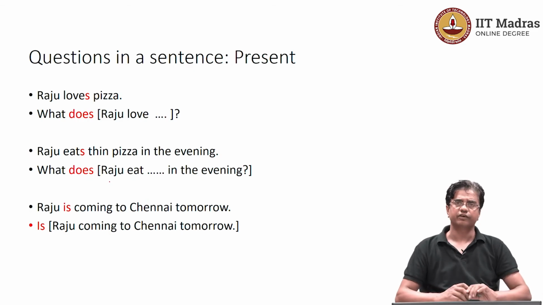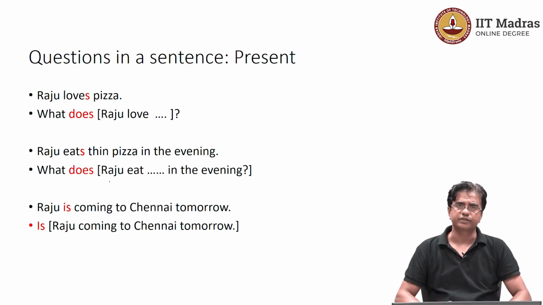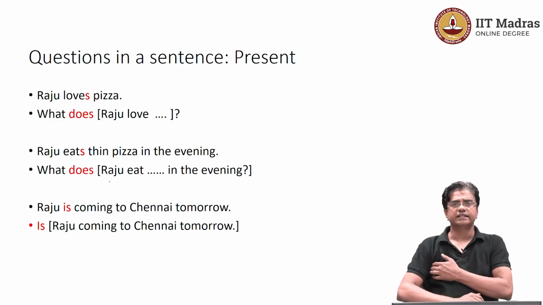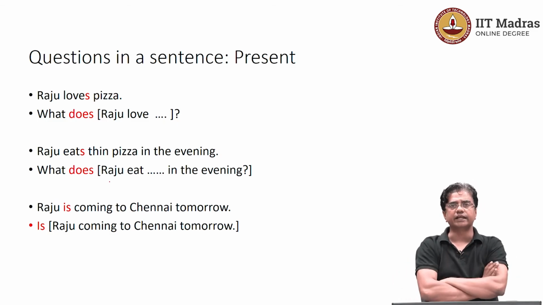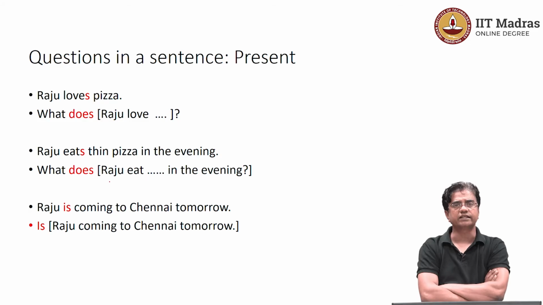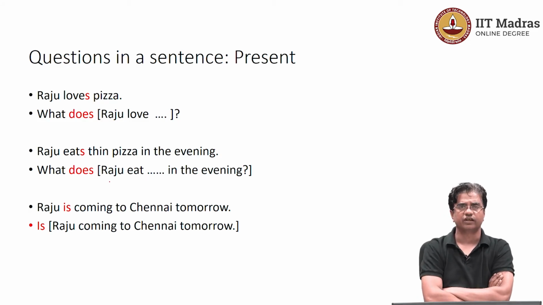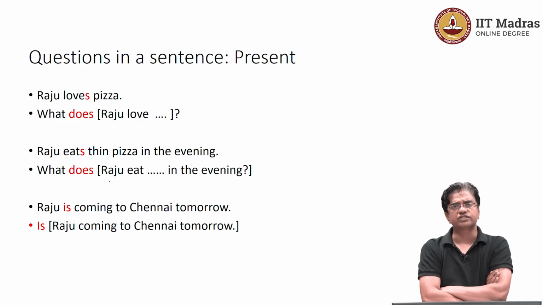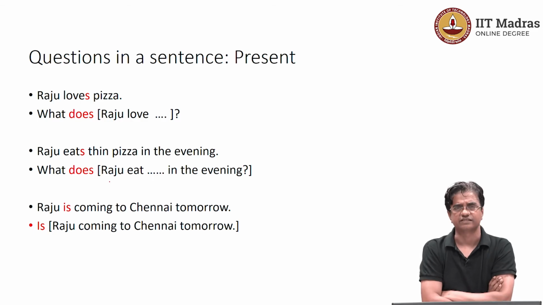With this much of understanding, with this much of clarity, with tense marking and agreement marking in English sentences, we go to look at questions. Questions are also called interrogative sentences. The sentences that tell us that these are question sentences are also called interrogative sentences.